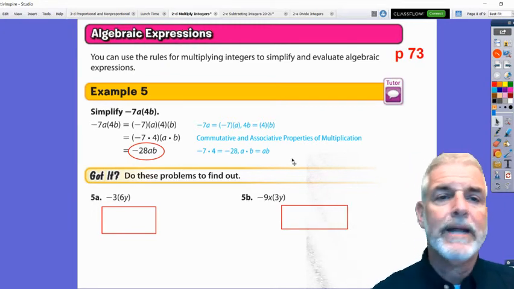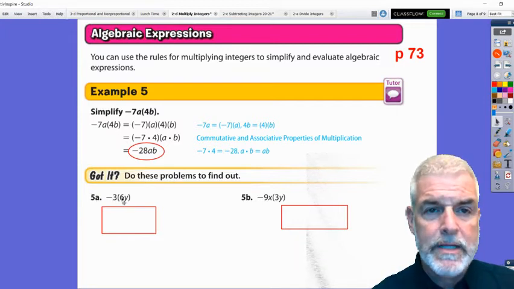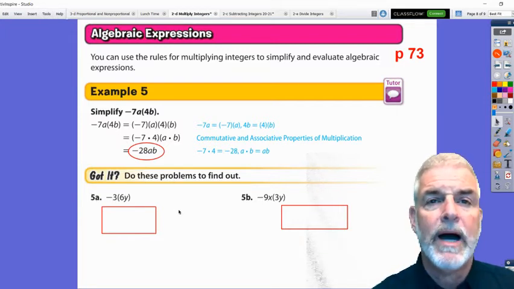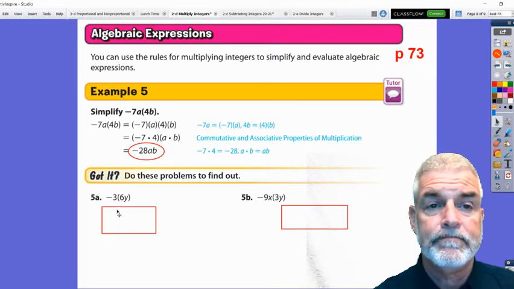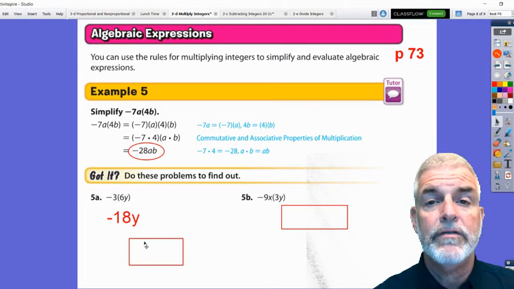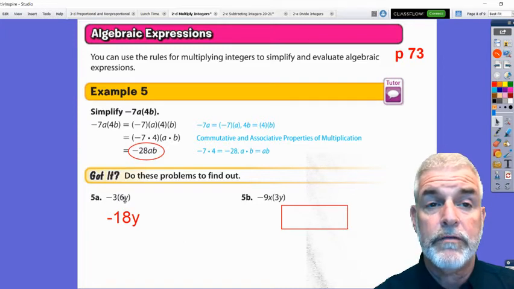All right, so some Got Its for you to do. Got It, 5a, -3 times 6y. Simplify this expression. -18y is the simplified expression, just doing the multiplication. Signs are different.